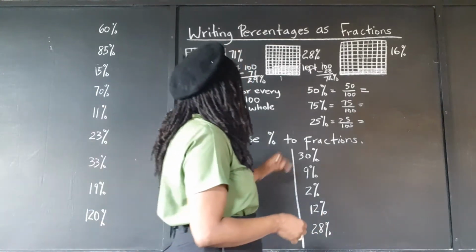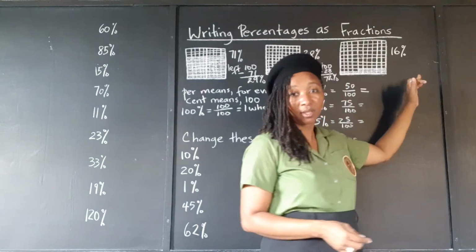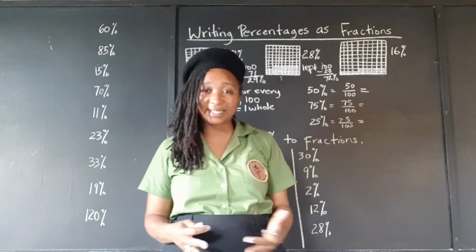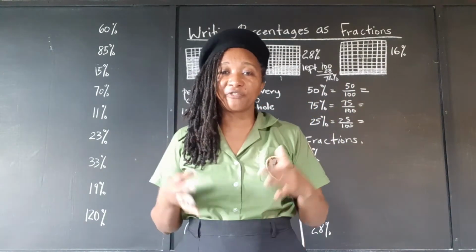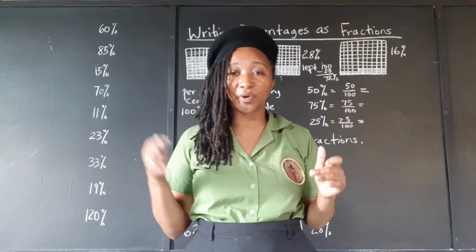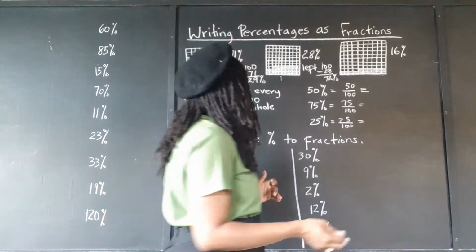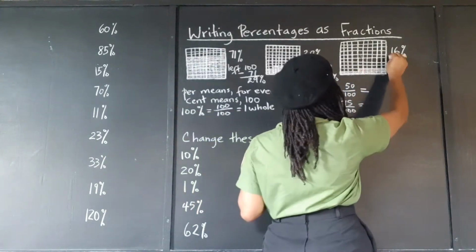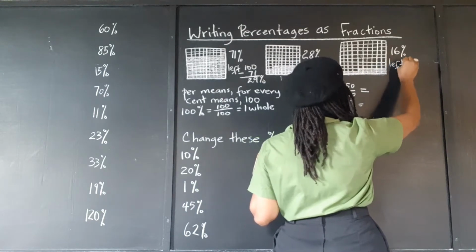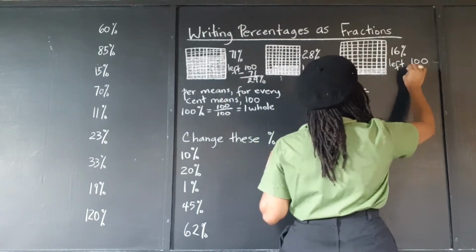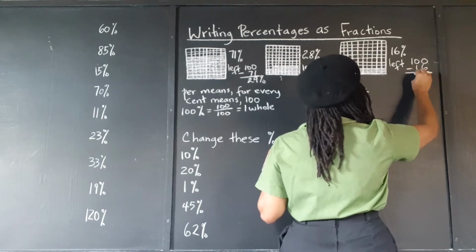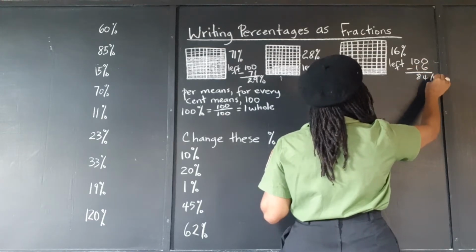We're removing 16 of them, or we're highlighting 16 of them. We're referring specifically to 16% of the whole. So that's 16 shaded. So what percent would be left? If we remove 16%, then 84% would be left.